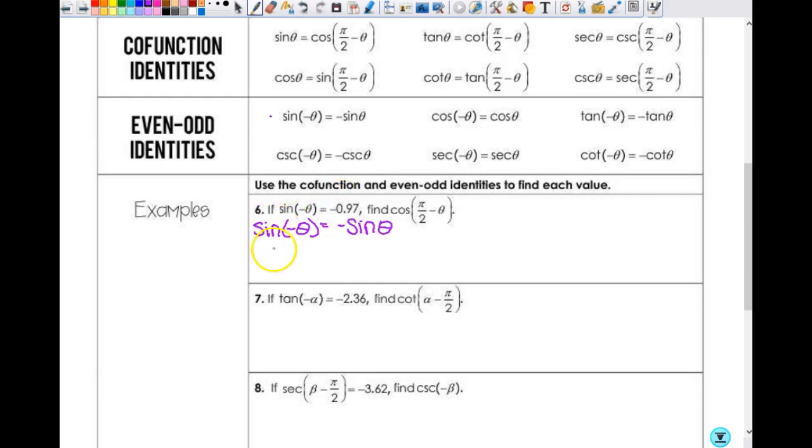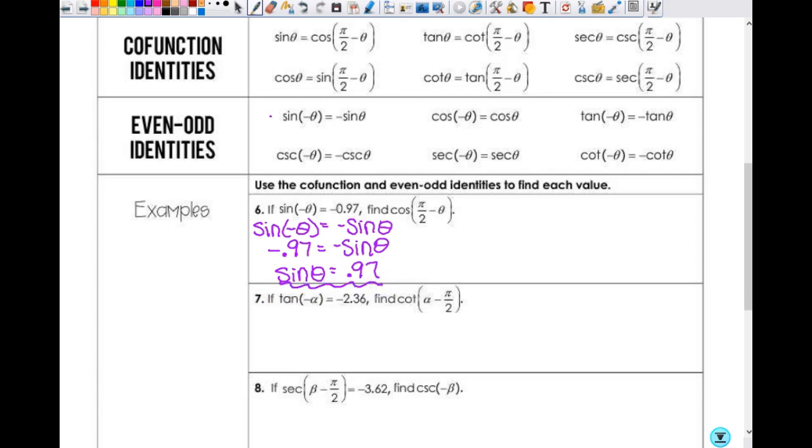So I'm going to substitute that in right here, negative 0.97. That's equal to negative sine of theta. Well, guess what? Now I can tell you that the sine of theta is positive 0.97. Everybody good so far? Now, that's not my final answer, but this is a piece that I need.